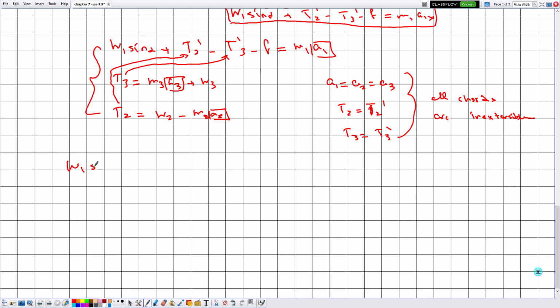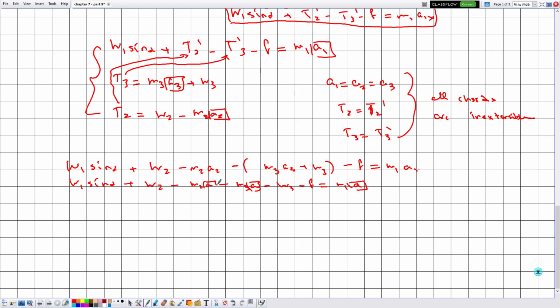So W1 sine alpha plus W2 minus M2 a2 minus, opening the brackets, M3 a3 plus W3, minus F, which is equal to M1 a1, and all of these a's are equal. So W1 sine alpha plus W2 minus M2a minus M3a minus W3 minus F is equal to M1a, and we are interested in determining the value of a.